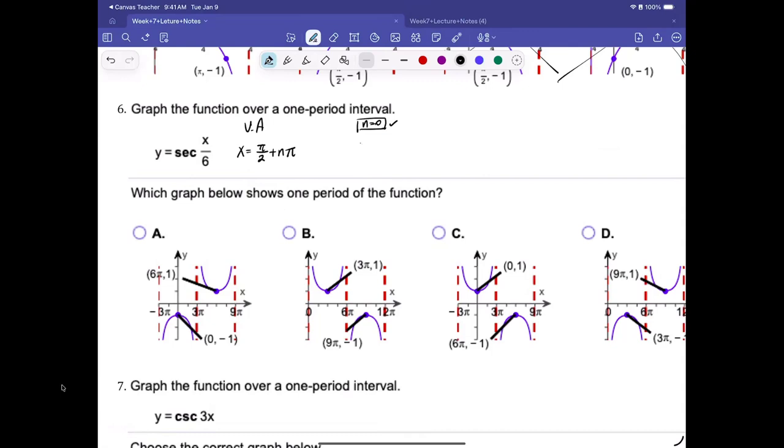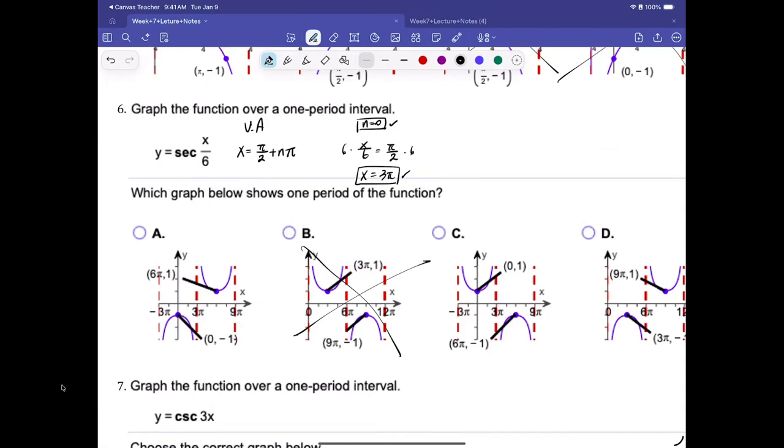So x over 6 must be equal to pi over 2, because 0 times pi is 0. So what is x? You multiply by 6, so x must be 3 pi. So B is not right.